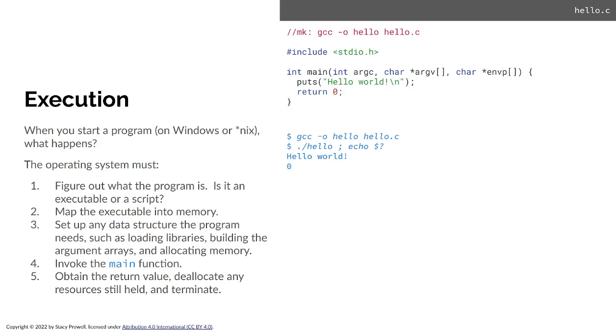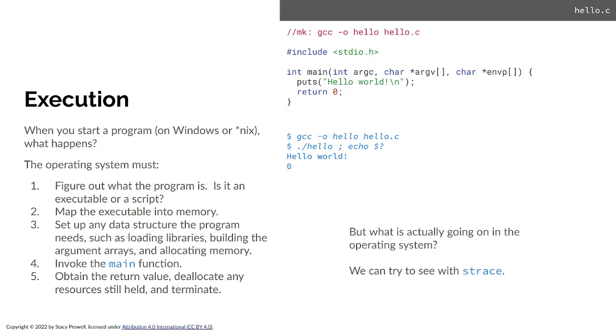And then we invoke the main function to start our program, obtain the return value, then we deallocate resources and we terminate. You all know all of this, I'm sure. A chunk of what just happened in that little list is actually managed for us by a part of our program that we didn't explicitly write, the C runtime.